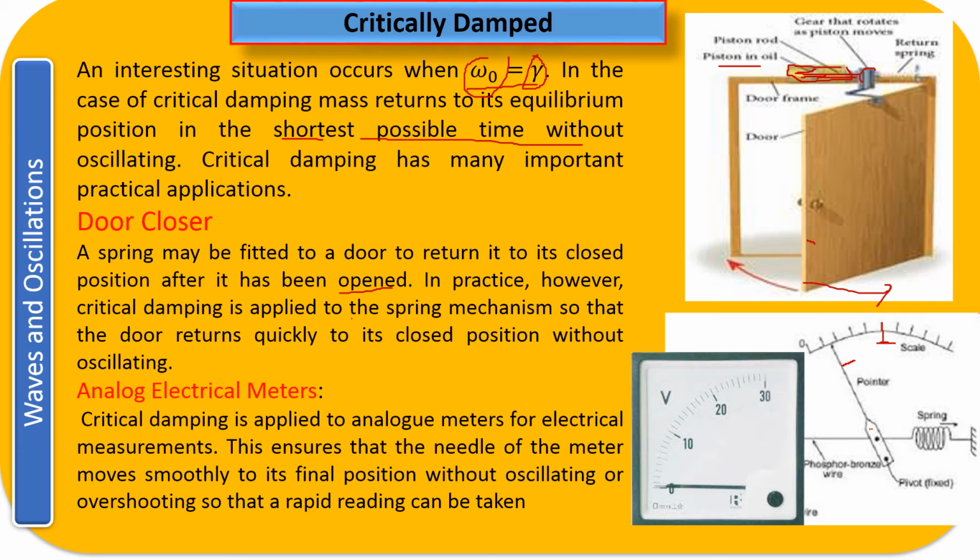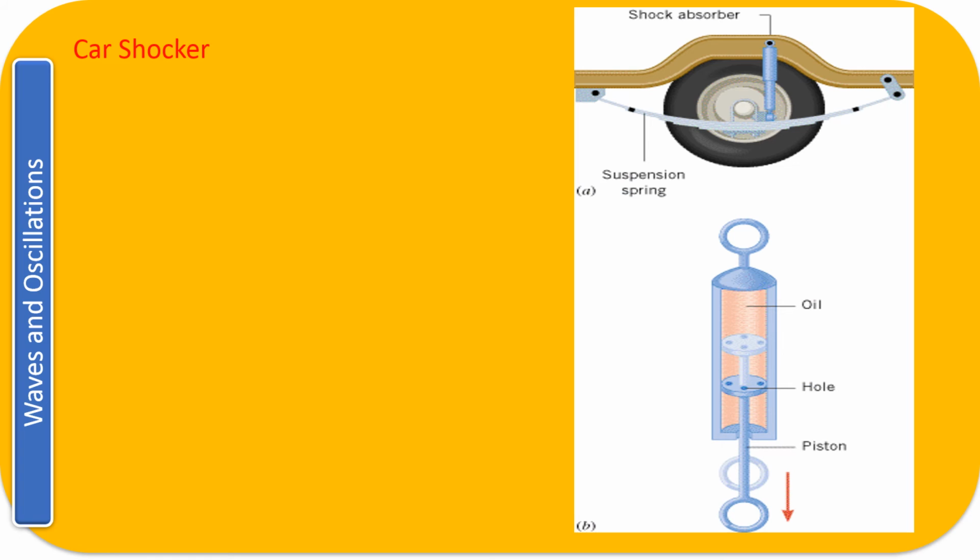Now I am coming to a little more exciting example of critically damped oscillations, the shock absorber in your car. So while you are moving in your car, here you have the car, and in this car you find that at the wheel there is a shock absorber.